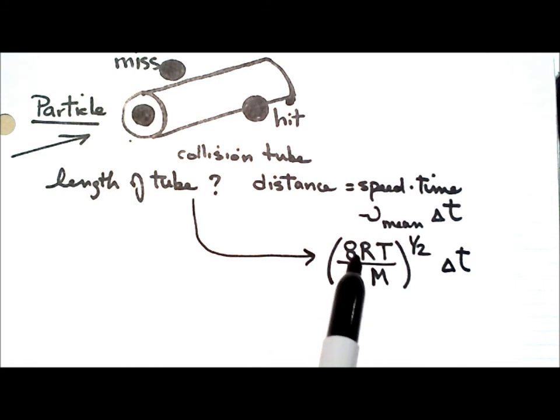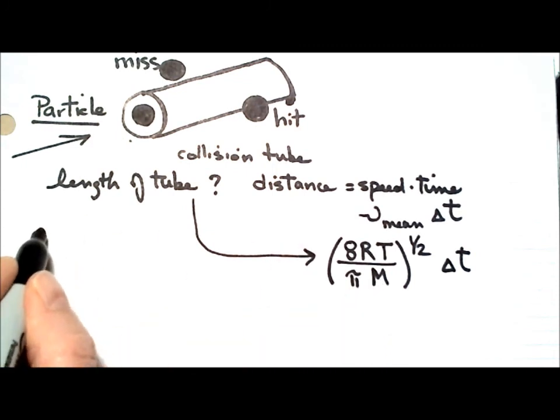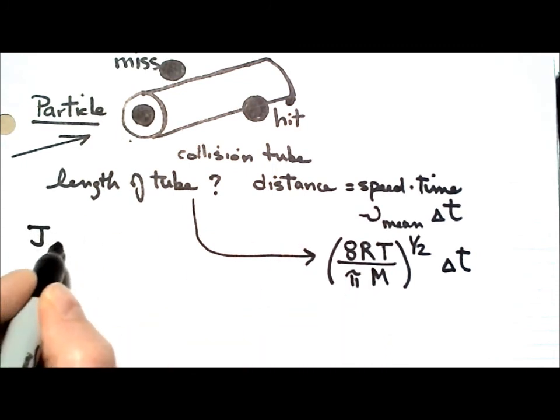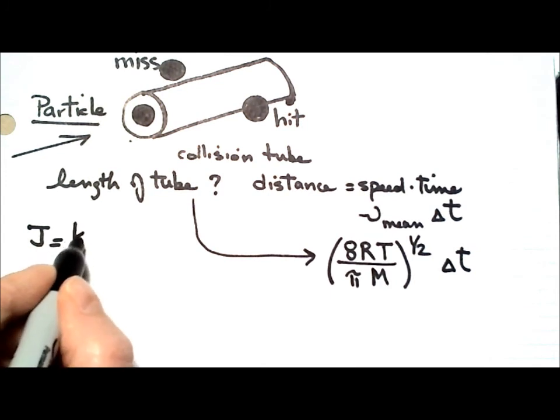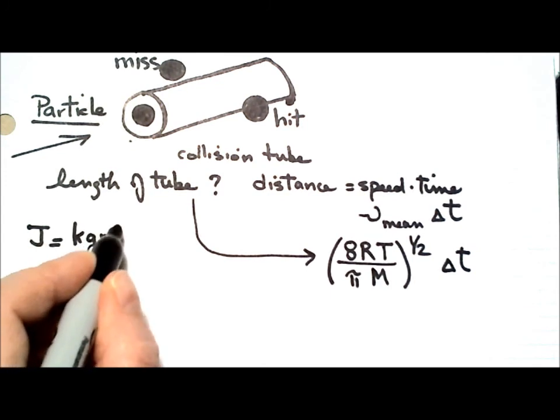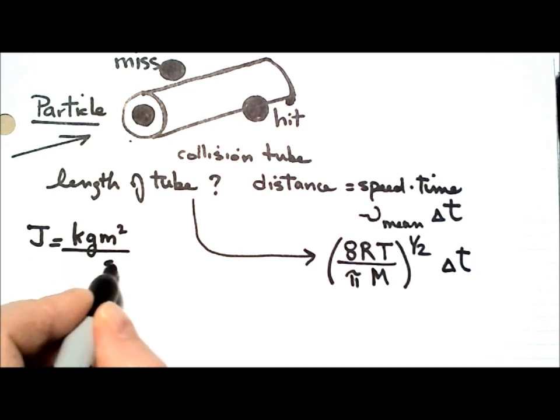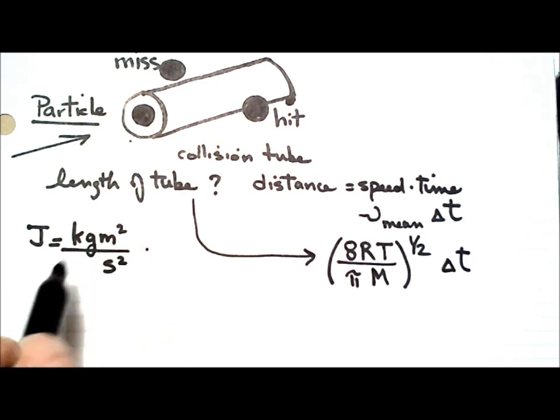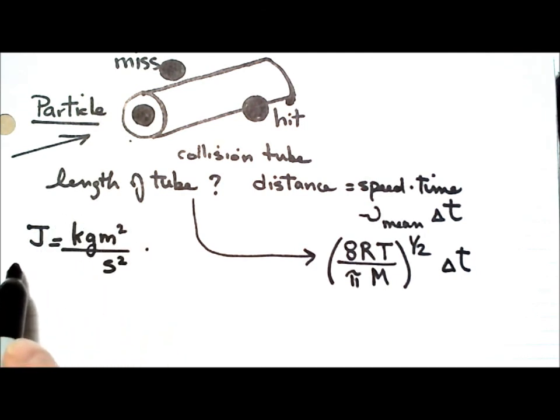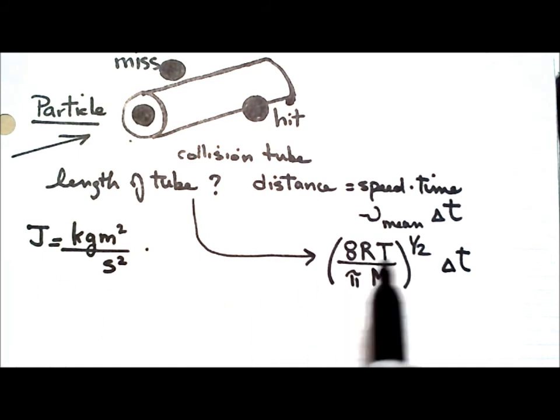So 8R, 8.3145 joule per K mole. That joule will have to be written in its component SI units, and remember that a joule is a kilogram meters squared per second squared. This relationship is always given on a test.